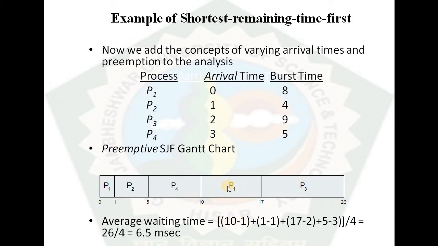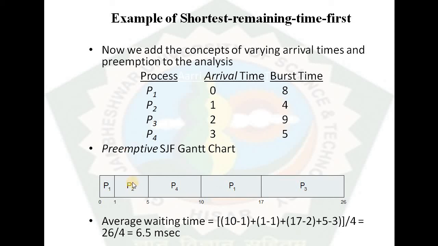The process P1 has to wait till the execution of P2 and P4, that is a total of 10, but in this 10, 1 millisecond is the execution of P1 itself, so we have to subtract it from the total 10 milliseconds waiting time, so it becomes 10 minus 1.